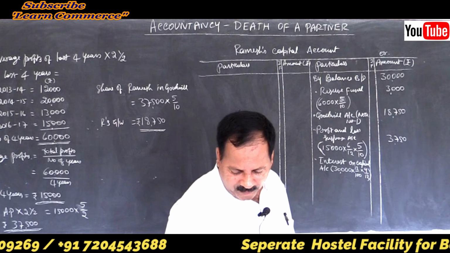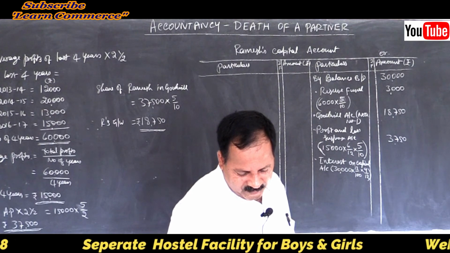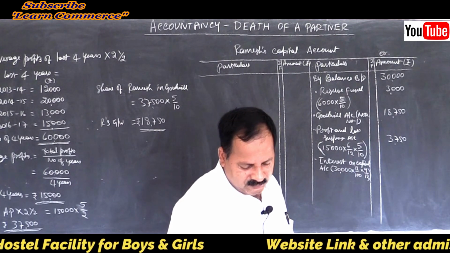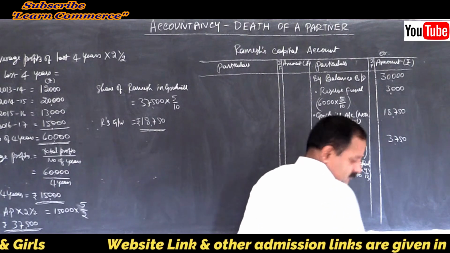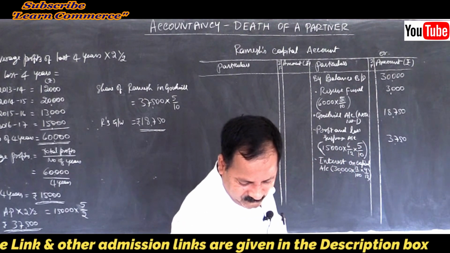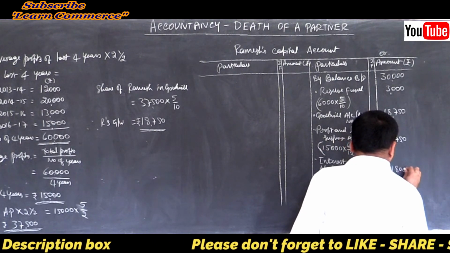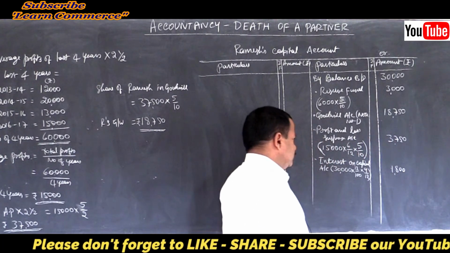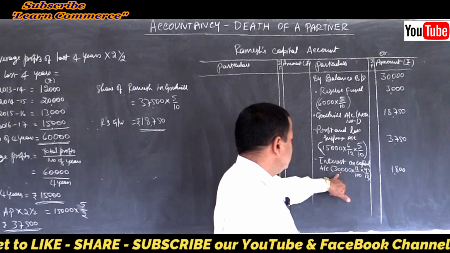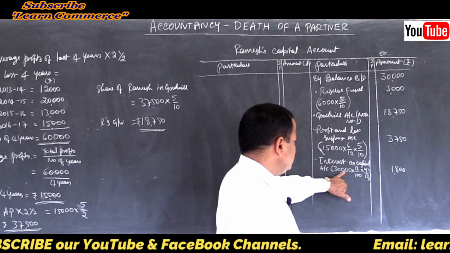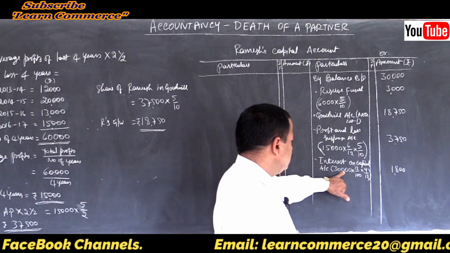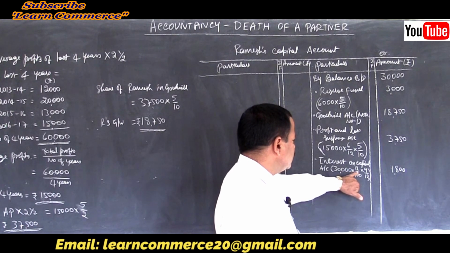Interest on capital to be allowed at 12% per annum. So it comes to, I think, 1800 if I am not wrong. 1800, isn't it? Yes, 3000, no, 3600.